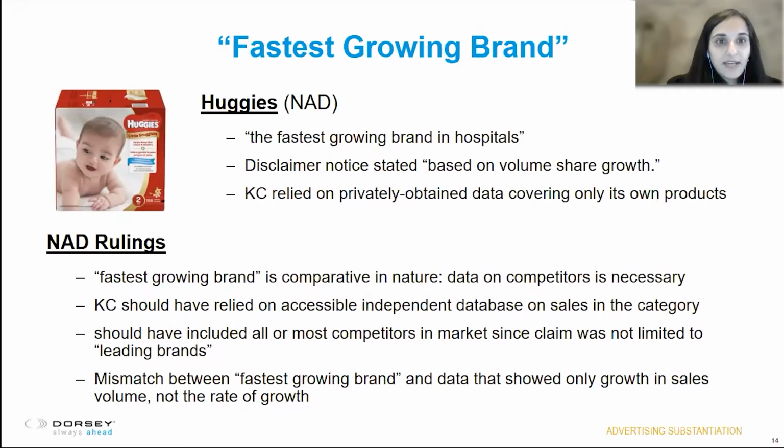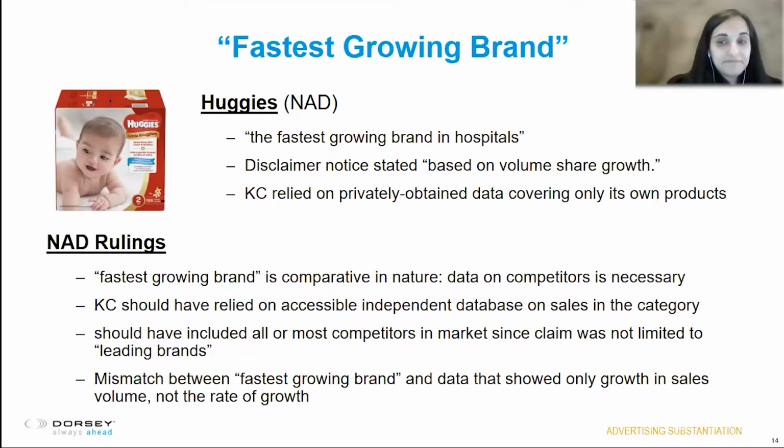So there are a lot of good diaper cases that come out of the NAD. Diapers and incontinence pad cases are high on the list, which is good for the rest of us because they have a lot of quantifiable percentage type claims and things like that.